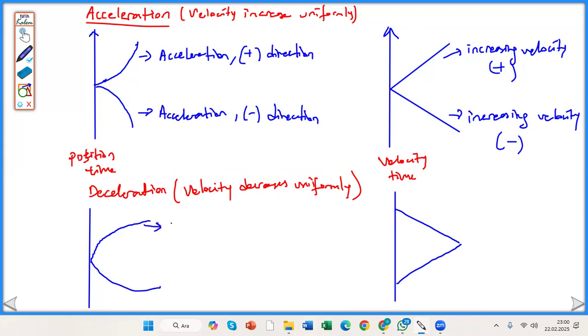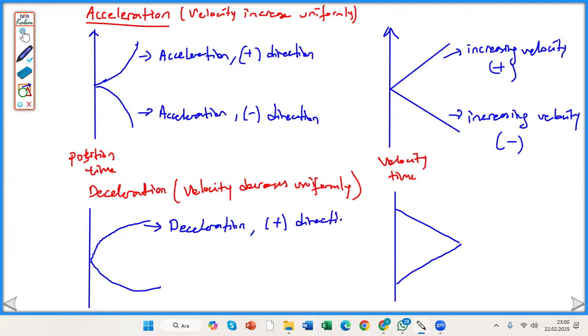So the upper part of that graph shows the deceleration with positive direction.